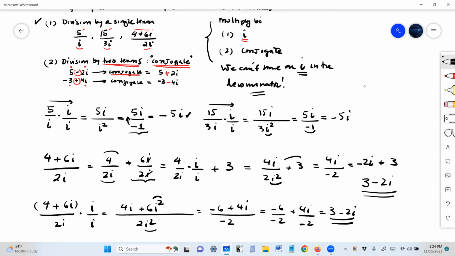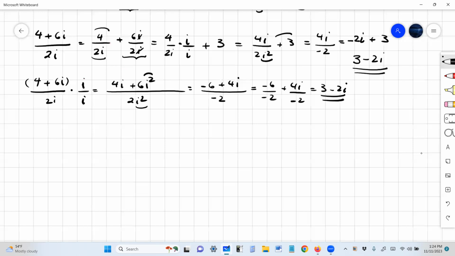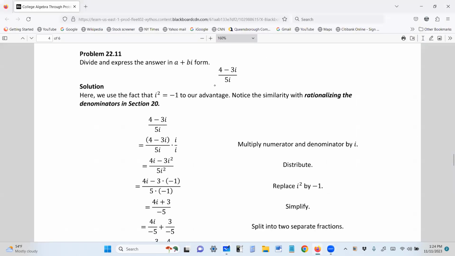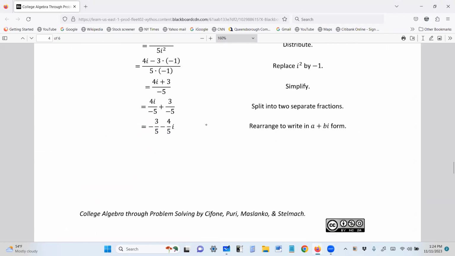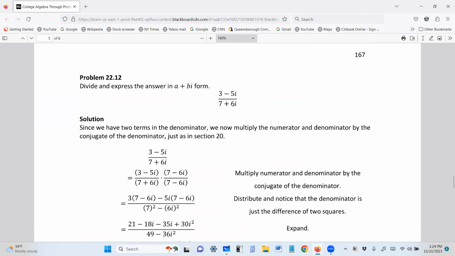Okay. So this is the first type where we have a single term as our denominator. Now, what if we have, so this is the first example I showed you. It's the exact same thing. What if I have 2 now?